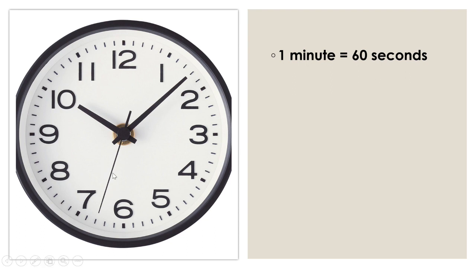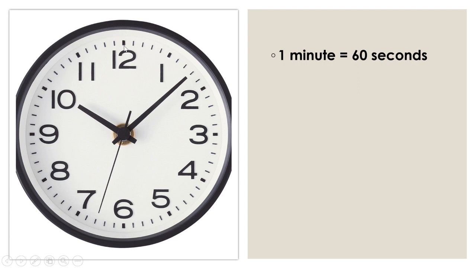Okay, let me show you what is a rotation. Look at my cursor. This cursor goes around the clock like this. This is one rotation. So children, this seconds hand completes one rotation of the clock in 1 minute.